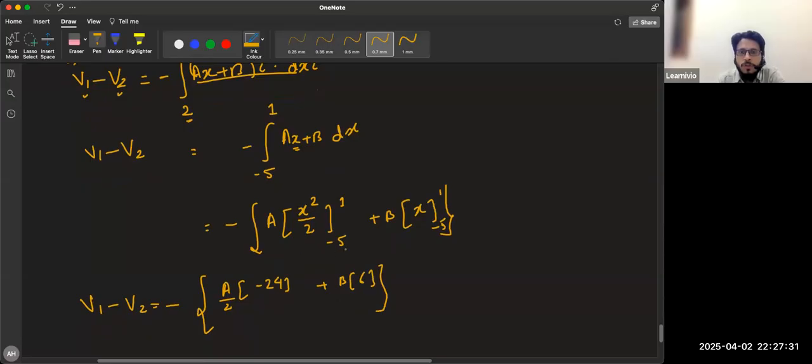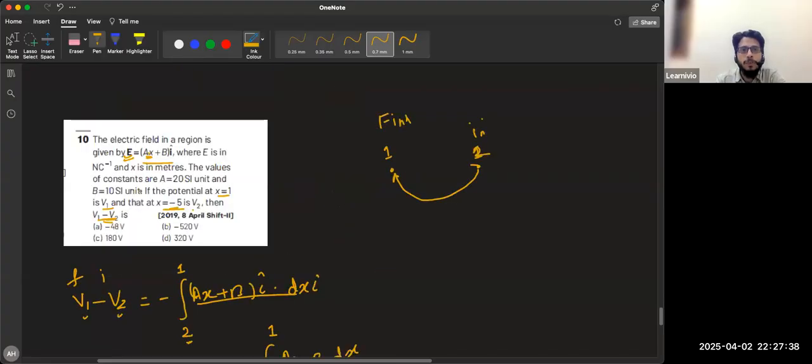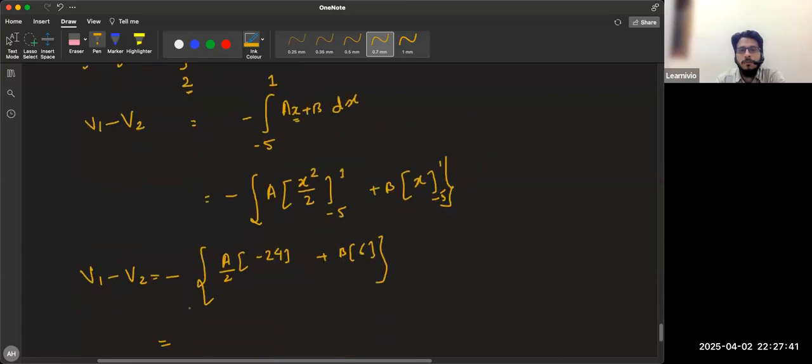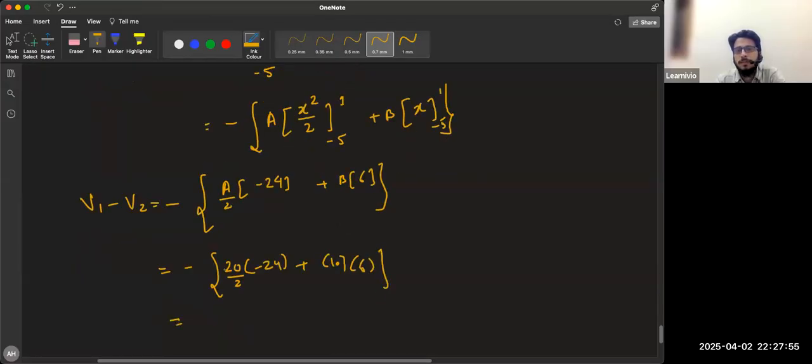1 square is 1, 5 square is 25, right? And the values of a and b are also given: a is 20 and b is 10. So instead of a, I can write 20, and instead of b, I can write 10, and then this is 6. So you have minus, it's 10 times minus 24, which is minus 240, plus 60.